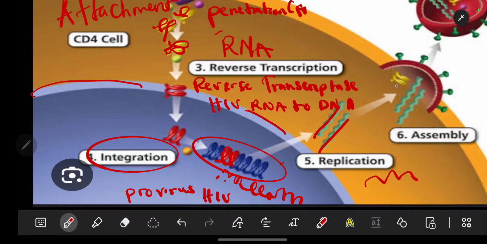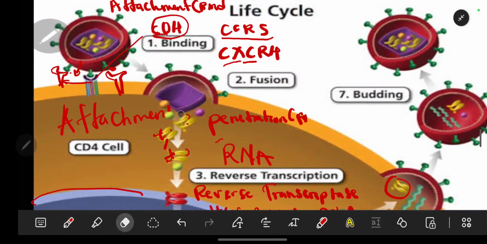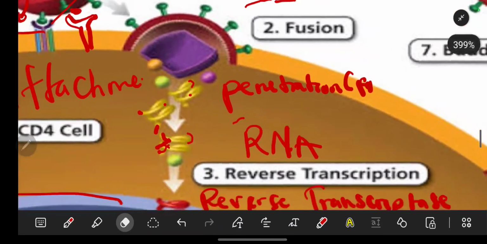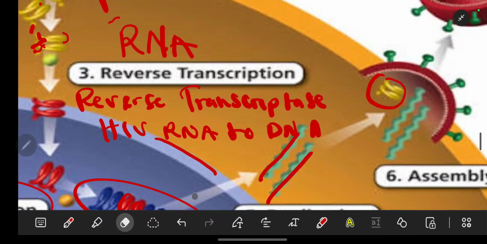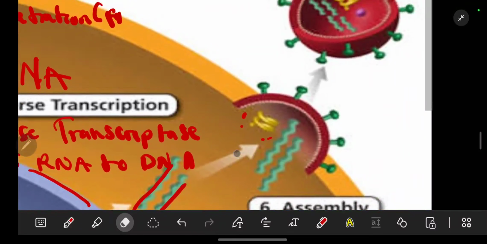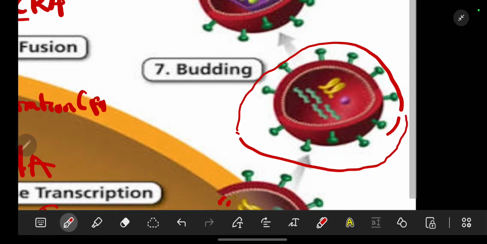So when the RNA is made, as you can see, we have this yellow substance. This is RNA. As you can see from the beginning, this yellow thing is RNA. So these proteins will now be put into this, then it will close up, and therefore there will be the full creation of an HIV virus.